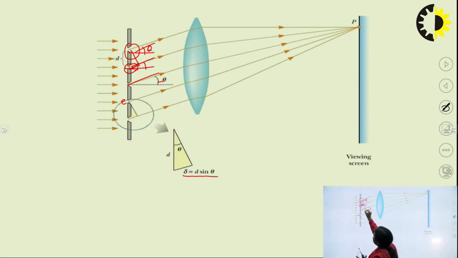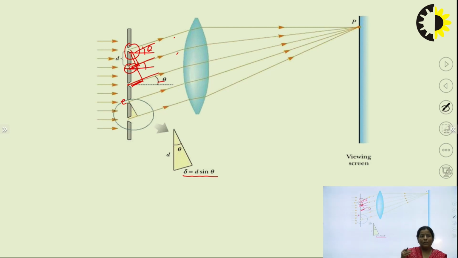This is the extra path that the beam coming out from the second slit travels. So this is the path difference between the first and second beams. Again, the third beam travels this much extra path, and again the fourth beam, and so on, up to the n slits.